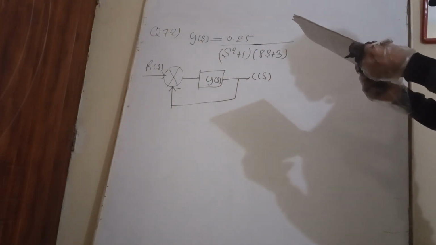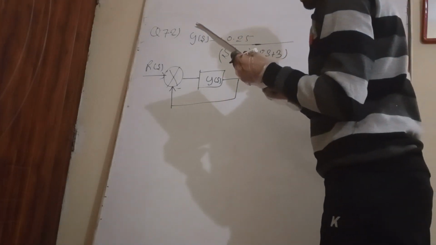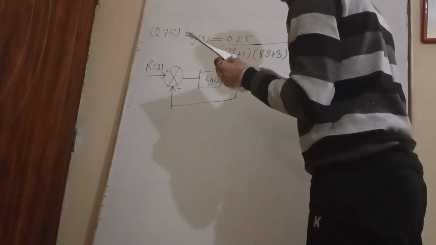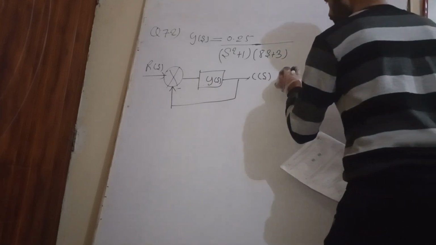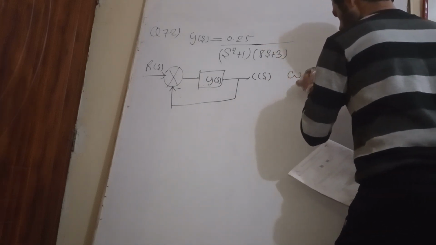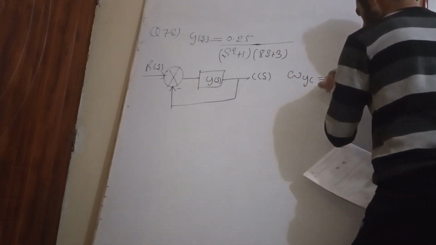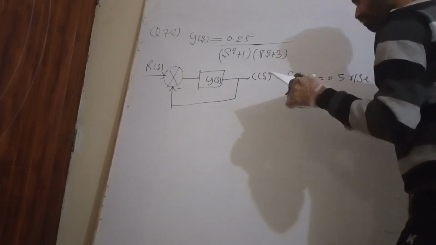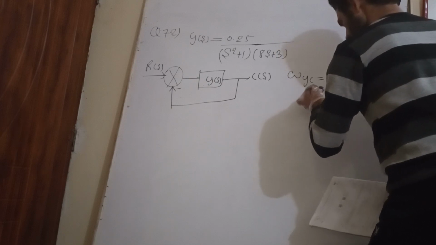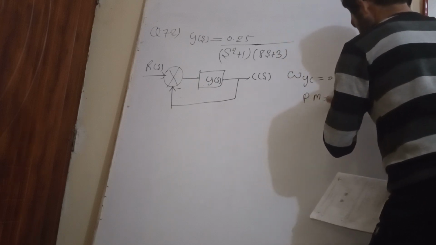Now, he is asking for the transfer function of the lead compensator aimed at achieving a gain crossover frequency of 0.5 radian per second and a phase margin of about 30 degrees.